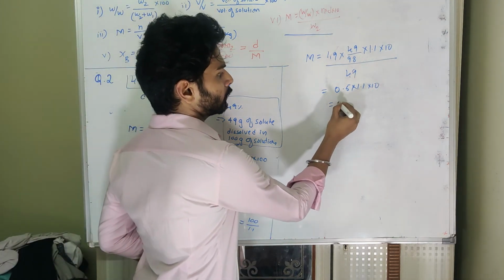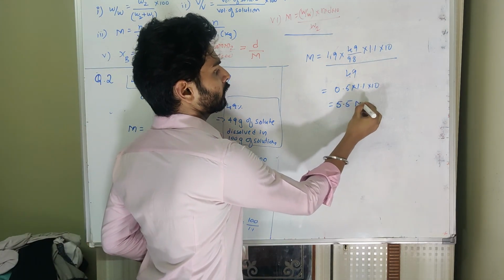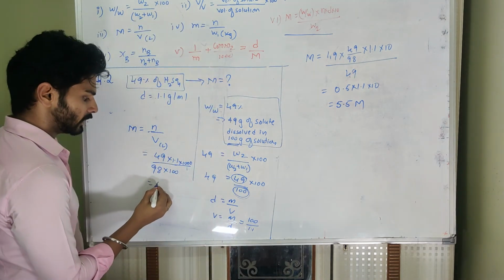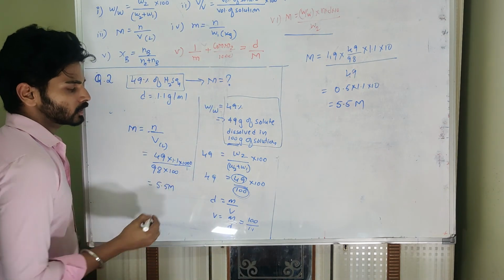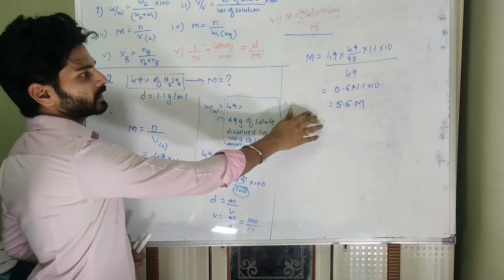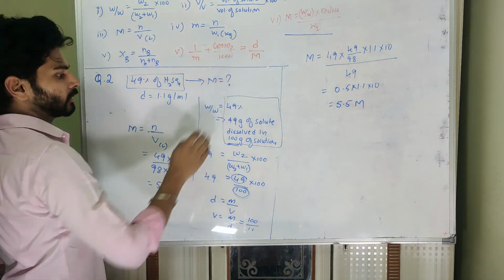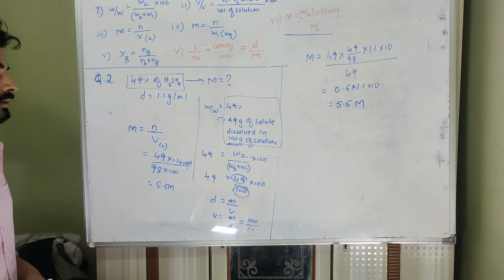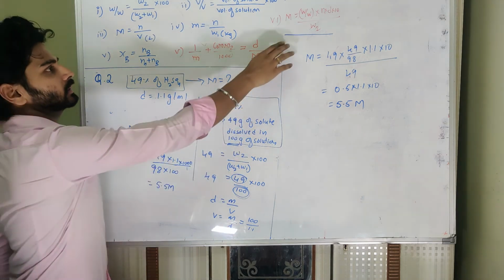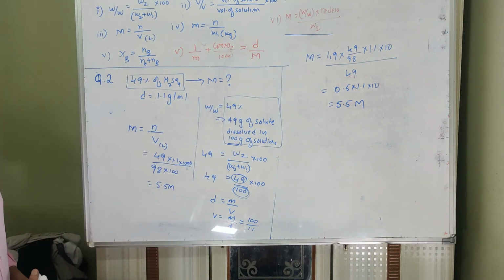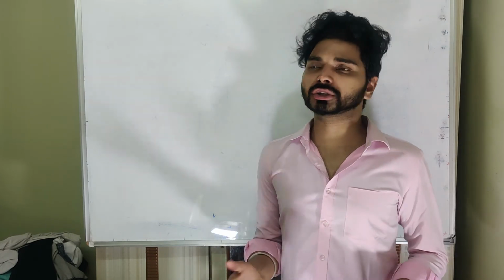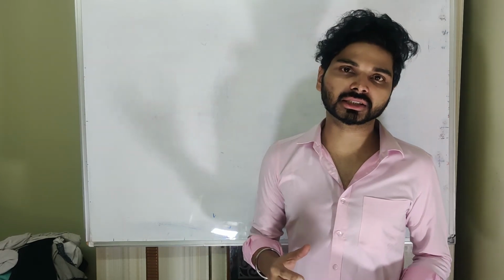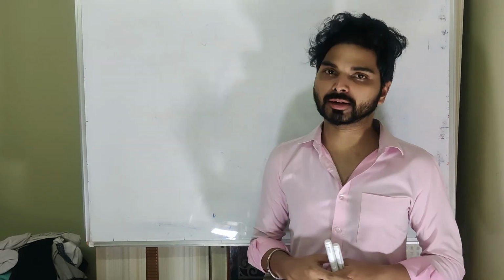So this comes out to be 5.5 molar. Here also you will get 5.5 molar. So this calculation is quite easy. You can directly do the calculation instead of going for this technique. This is easy to remember. Another type of question asked here is in terms of stoichiometric calculations. So let us see one problem.